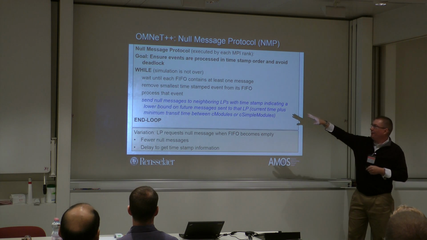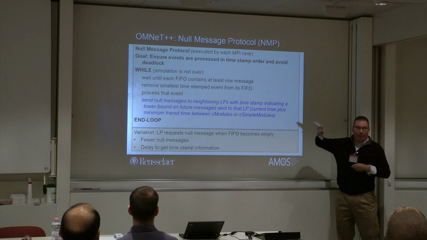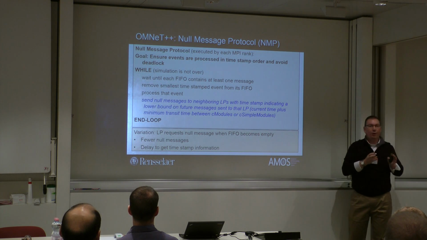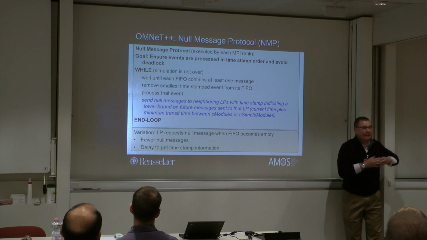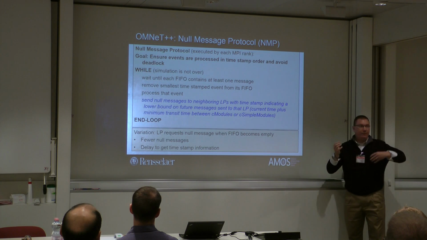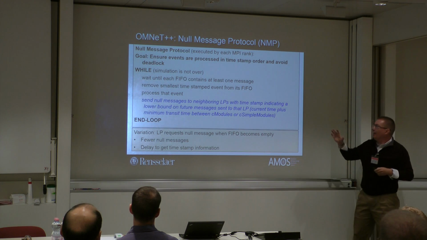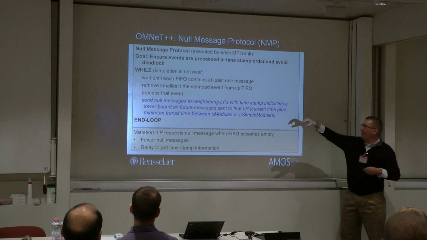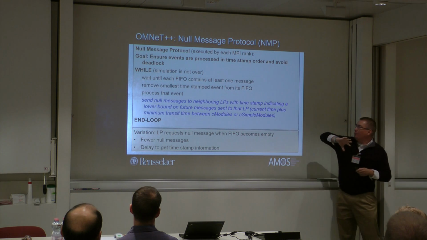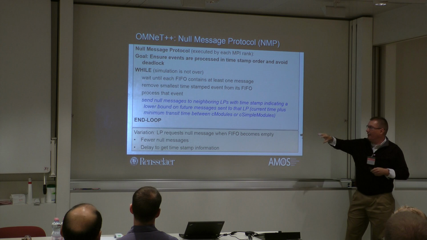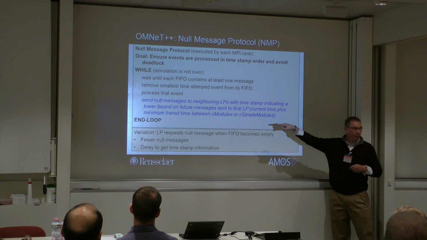So essentially you have this notion of a bunch of FIFOs off each of your simulation entities or logical processes, as we've called them. They go by different names. There's at least one message in each of your FIFOs, and then you have to remove the smallest one from the FIFO and process that event. Then here's the kicker where the null messages come in.